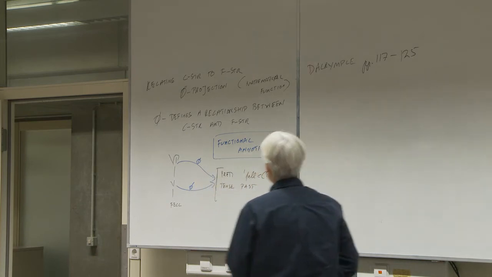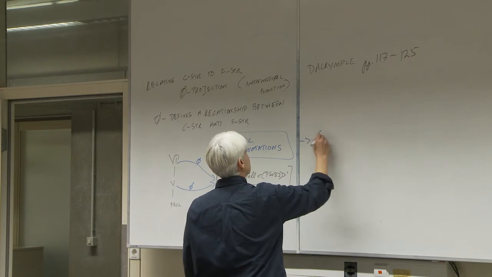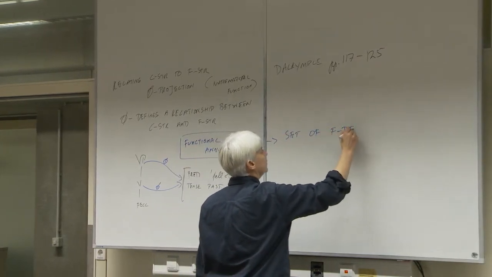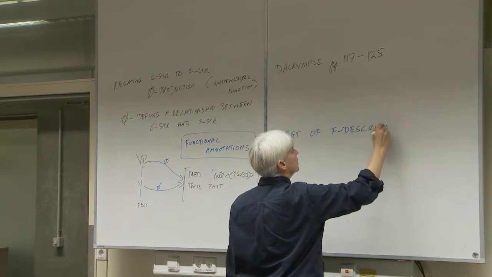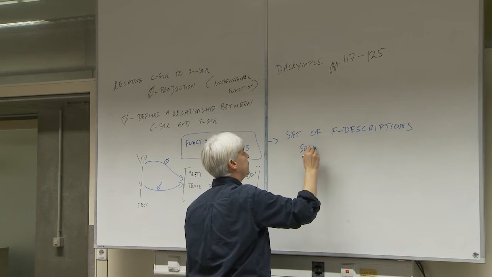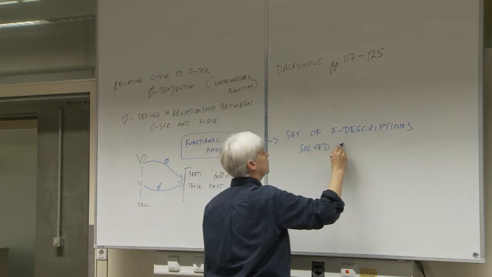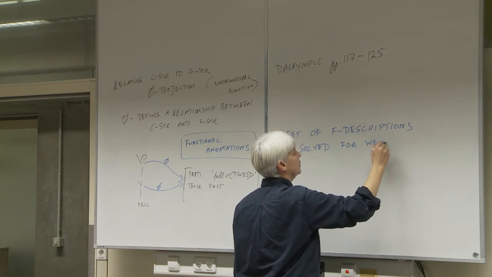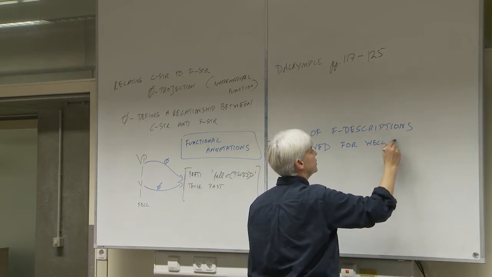The set of functional annotations gives you a set of F descriptions, and these need to be solved to get a well-formed F structure.